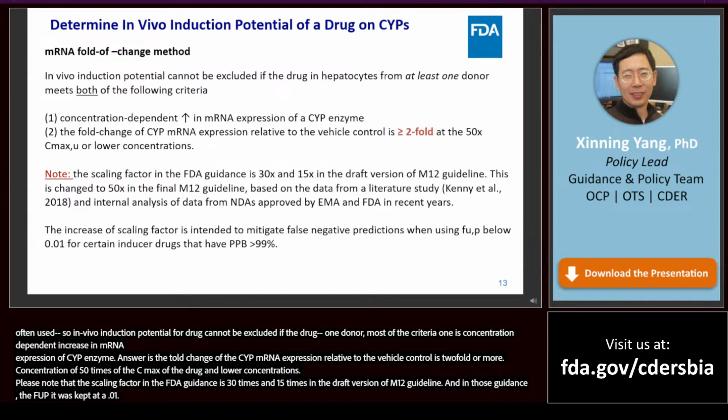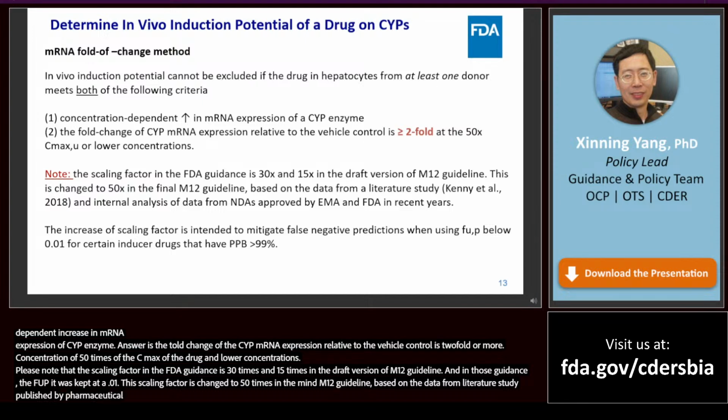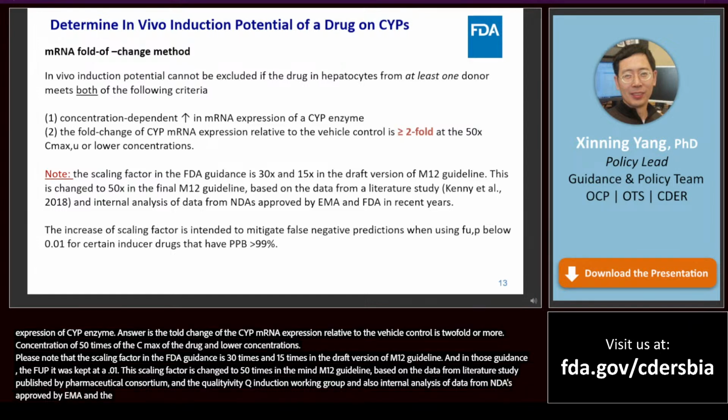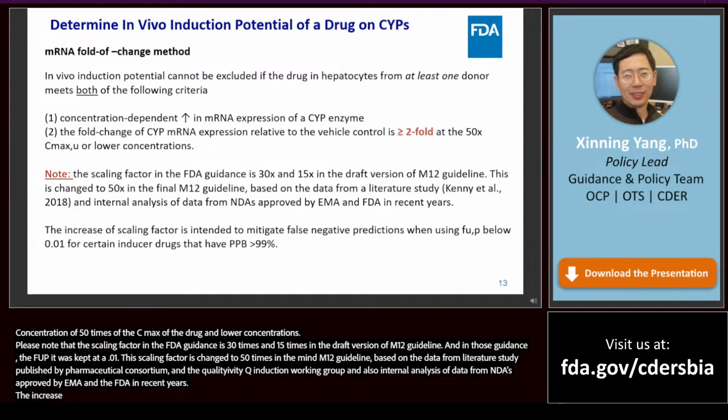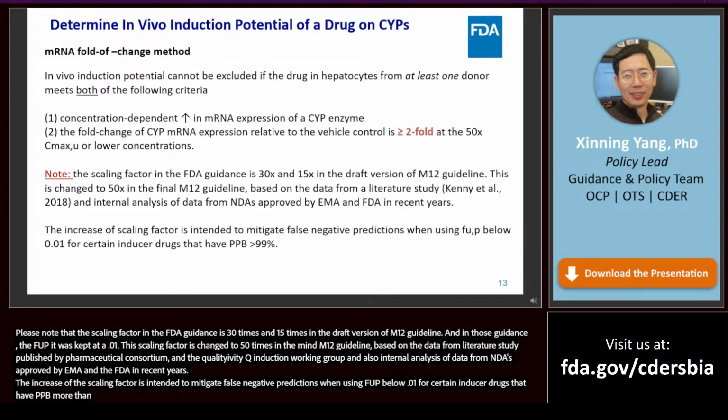This scaling factor is changed to 50 times in the final M12 guideline based on data from a literature study published by the pharmaceutical consortium, the Innovation and Quality IQ induction working group, and also internal analysis of data from NDAs approved by EMA and the FDA in recent years. The increase of the scaling factor is intended to mitigate false negative predictions when using fu,p below 0.01 for certain inducer drugs that have plasma protein binding of more than 99%.